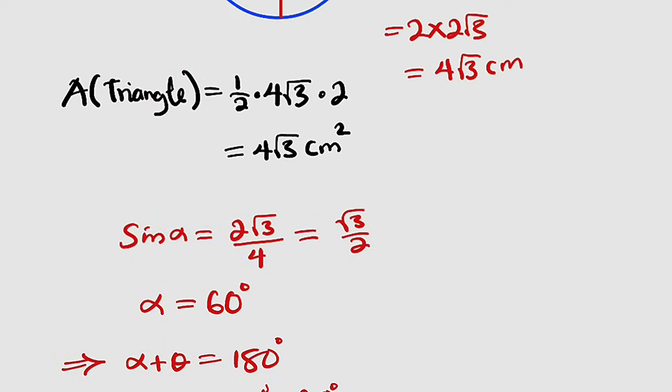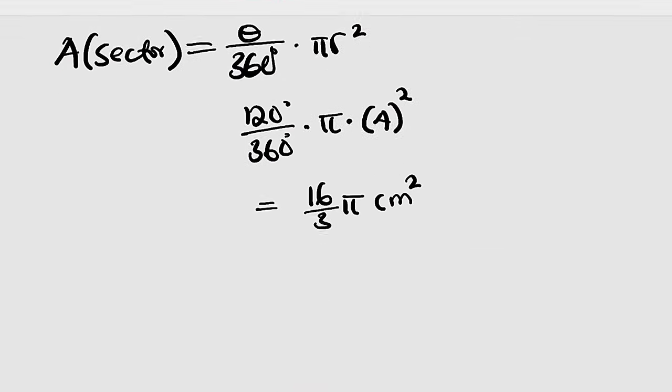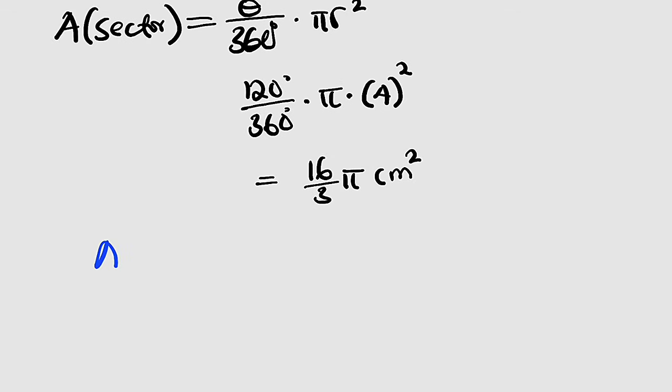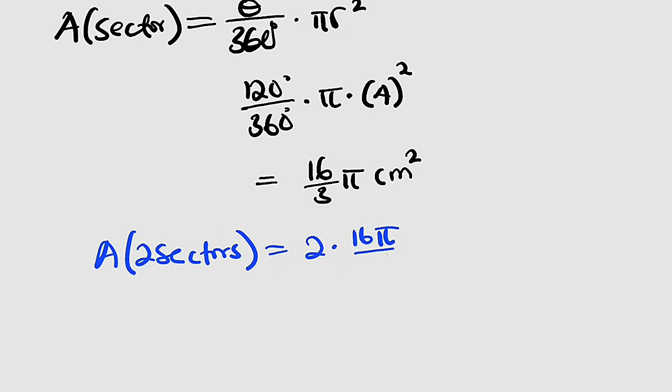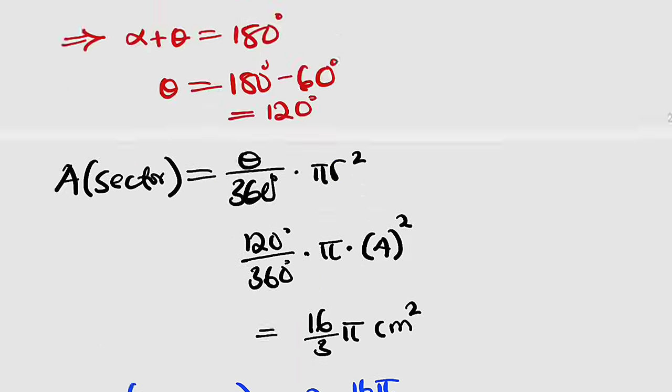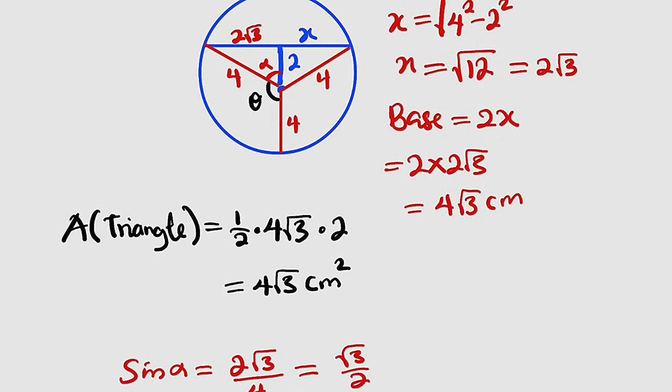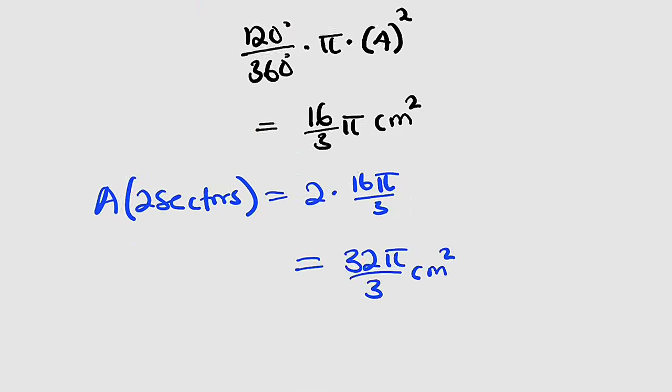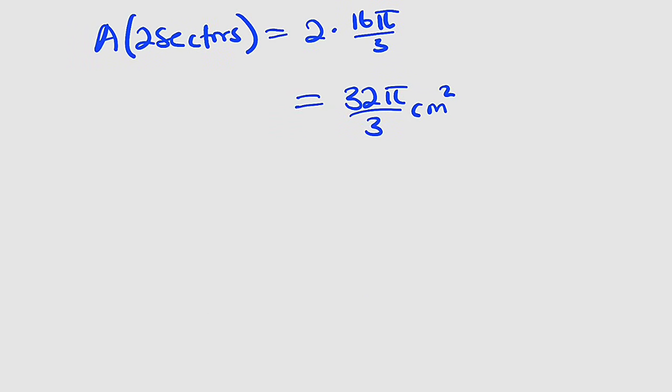But remember, we have two identical sectors. So for the two sectors, the area of two sectors is equal to 2 multiplied by this particular area, right? Which is equal to 32 pi over 3 meters squared. So now we have obtained the area of the two sectors and the triangle. So what will be the total area there, which is area of the segment?